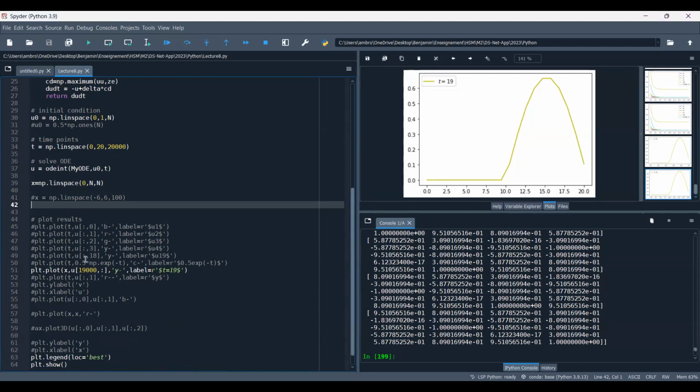So I'm looking at the n. If I look at t equals 19, and I look at the value of my calcium concentration at each time, I will get this bump.